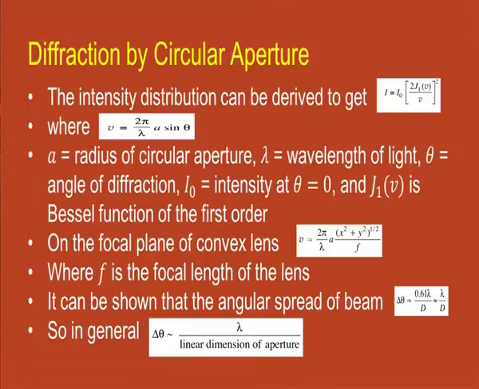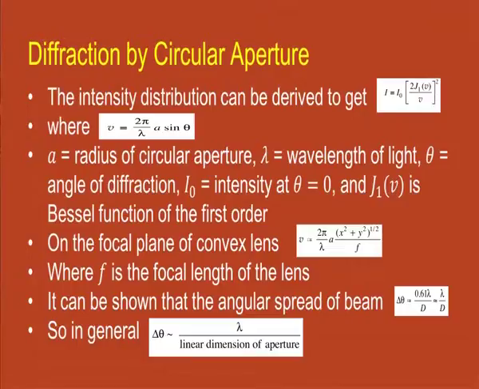On the focal plane of a convex lens, V = (2π/λ) a √(x² + y²)/f, where f is the focal length of the lens.